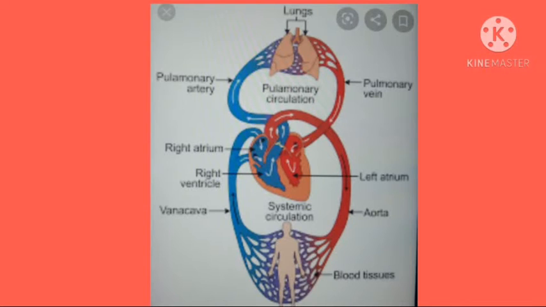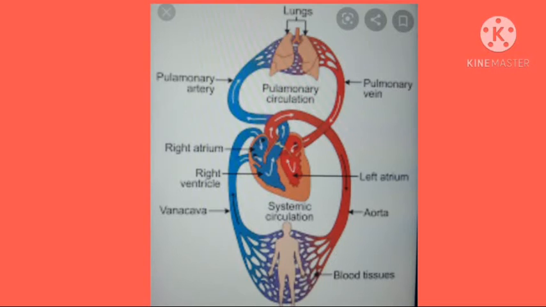The second time the blood flows from the left side of the heart to all parts of the body and then returns to the right side of the heart. That is called systemic circulation. So the blood passes through the heart twice, once when it is deoxygenated and then after getting oxygenated. This is called double circulation.